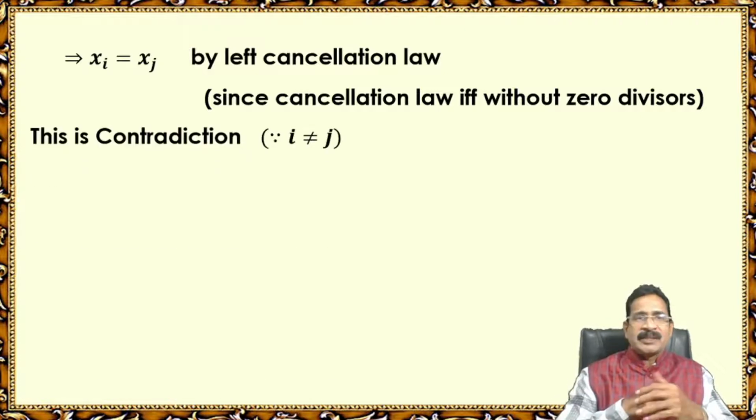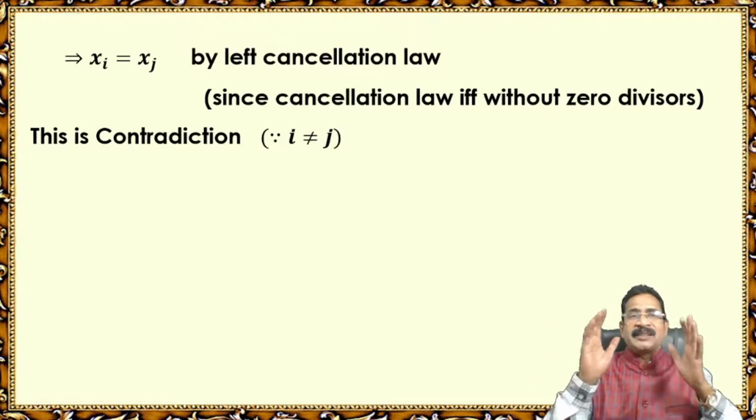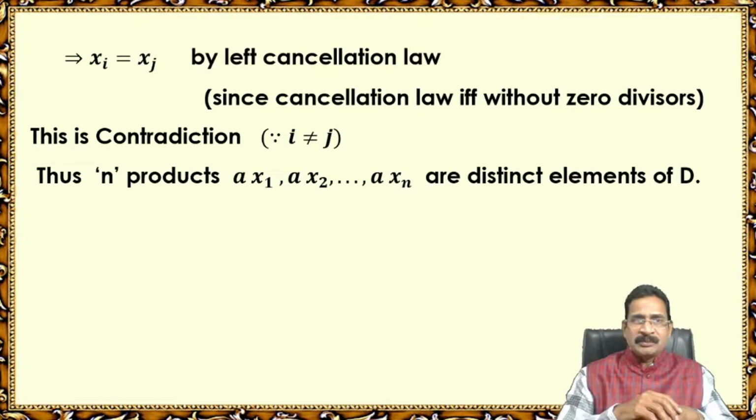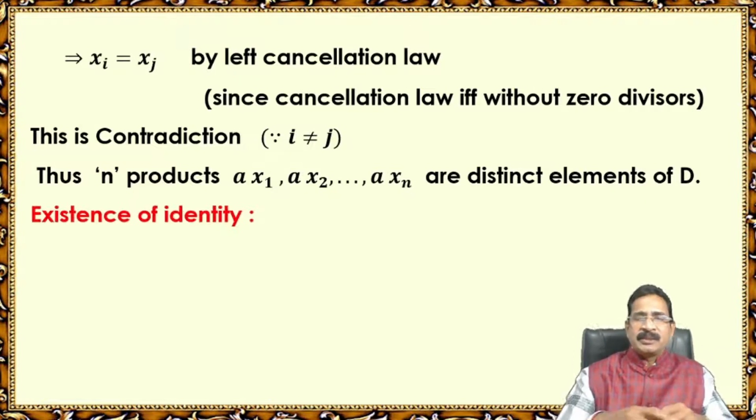So this is a contradiction. Why? Because all elements in D, x1, x2 and so on xn are distinct. But here you got two of them equal. Therefore, our supposition Axi is equal to Axj is wrong. So these n products Ax1, Ax2 and so on Axn are distinct elements of D.